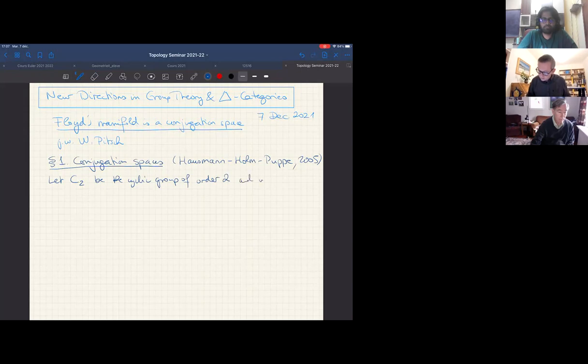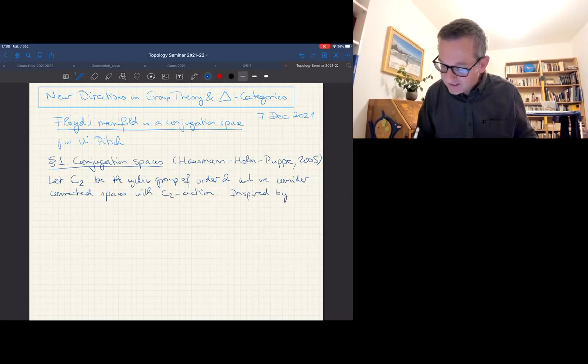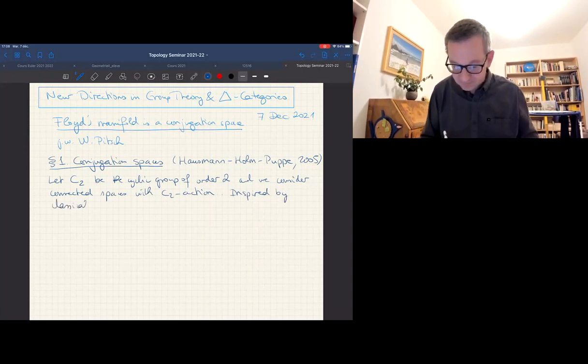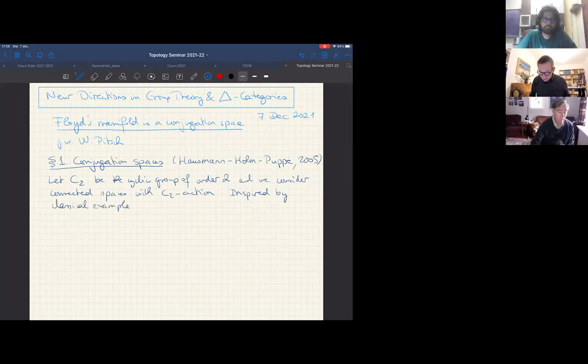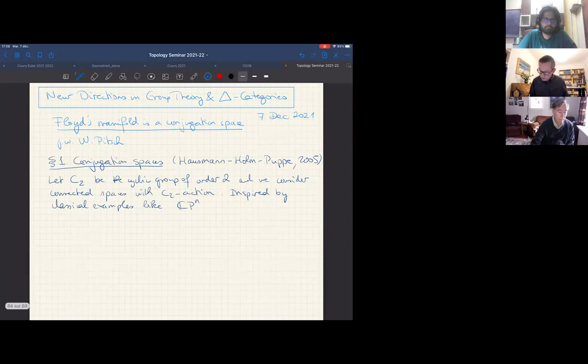And we consider, let's say, connected spaces with a C2 action. So I guess inspired by classical examples, and here I will write down a single one, like the complex projective spaces, which have a conjugation action.